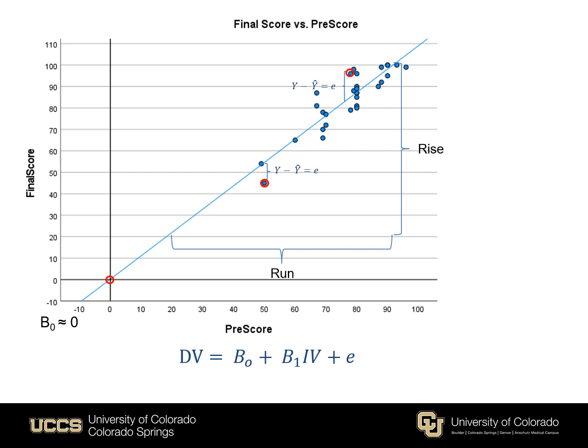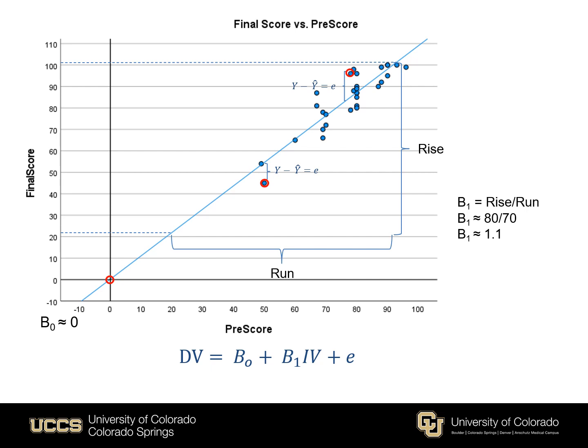I'm now putting dotted horizontal lines over to the y-axis so that I can identify the actual size of that rise over that run. And it looks like that rise is about 80 points over that 70-point horizontal run. So using rise over run as our definition of slope, we see that the b1 slope is about 1.1.